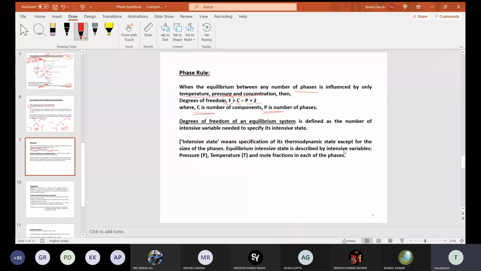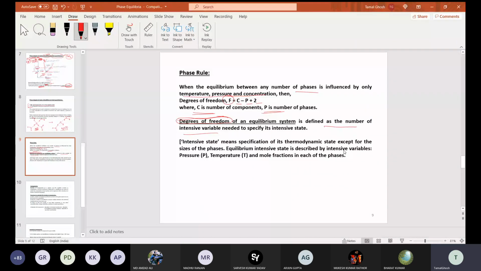For an equilibrium system, these degrees of freedom give the number of variables required to specify its intensive state. So whenever we are considering an equilibrium system, whether one variable, two variables or three variables, how many variables are required to specify that equilibrium, that number of variables is nothing but our degrees of freedom corresponding to this phase rule definition.